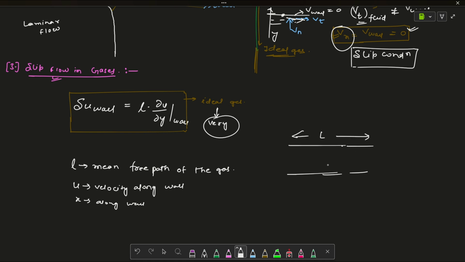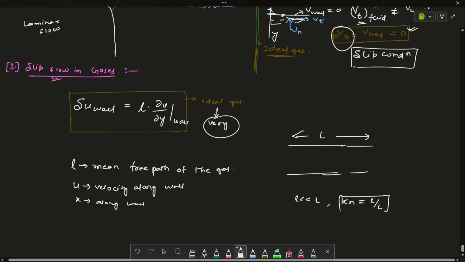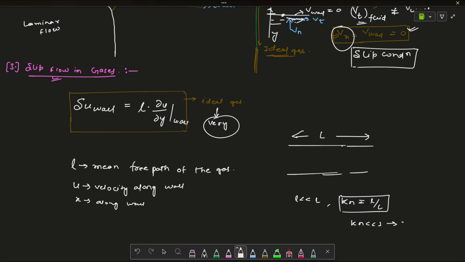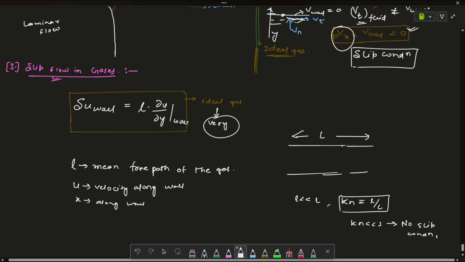We will call it capital L. If small l, the mean free path, is very small compared to this lateral scale, a number is defined here, the Knudsen number, that is small l by capital L. In this case the Knudsen number becomes very small, so the slip velocity is almost equal to 0. That means we can use the no slip condition, and it will be true.